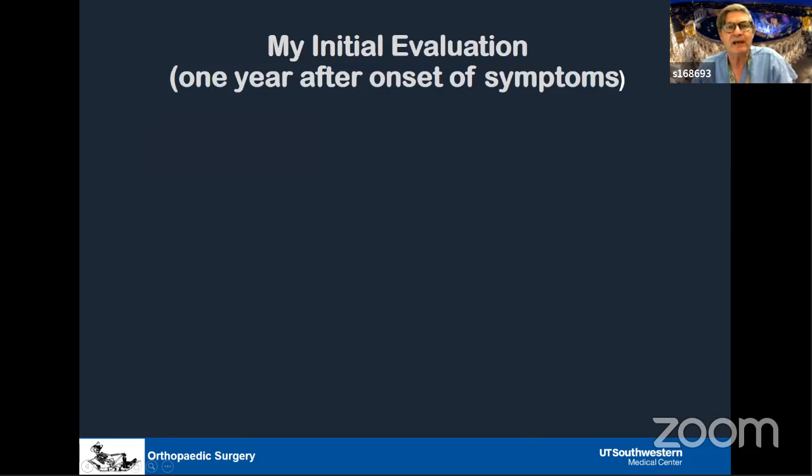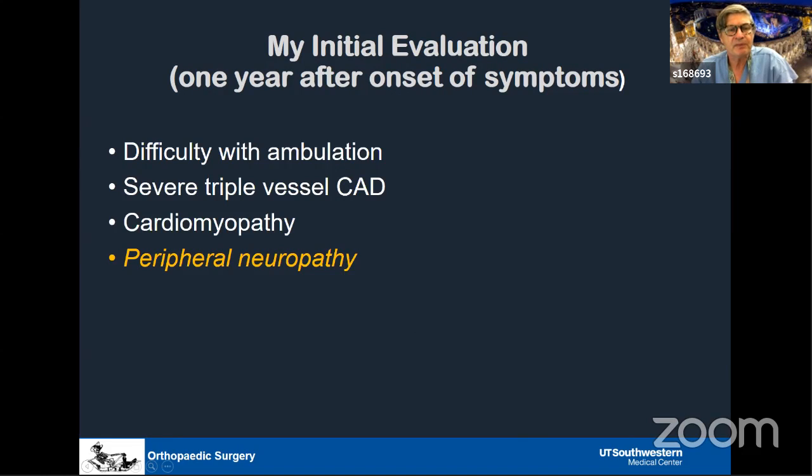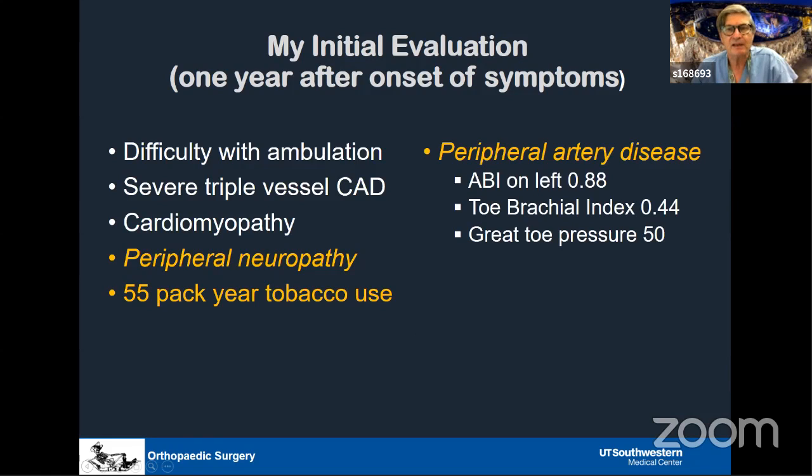I saw him a year after his symptoms started. He had difficulty with ambulation. He also had severe triple vessel coronary disease, cardiomyopathy, and peripheral neuropathy, and he was a tobacco user of 55 pack-years. He had peripheral artery disease. It wasn't bad, but it was concerning to us.